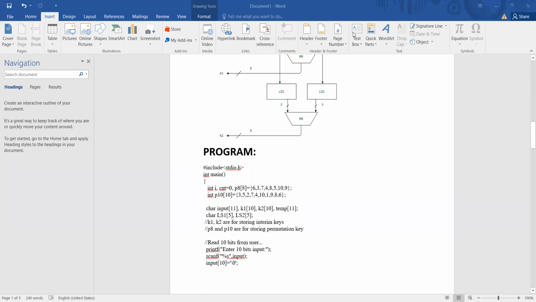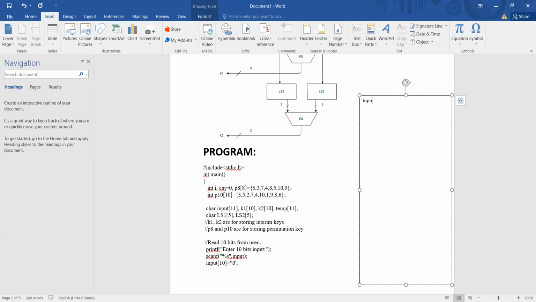And this is a program which I'm going to explain to you all. For example, at first we take a 10-digit input as 1100011100, which is a 10-bit input.